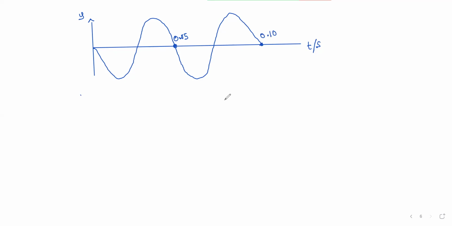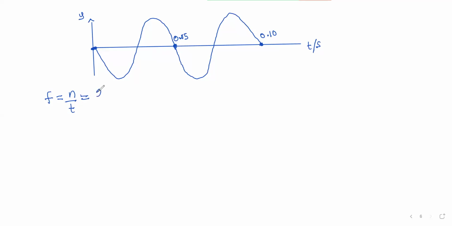So I use 2 different ways to determine the frequency. One, because I know frequency is equal to the number of complete cycles divided by total time, I count the number of complete cycles here. I have 1, 2, and the total time for this number of complete cycles is 0.1.